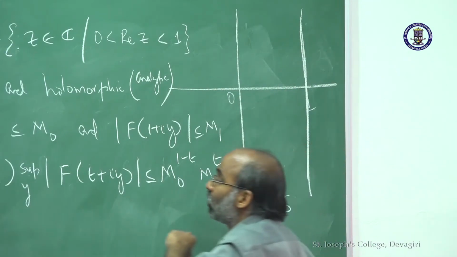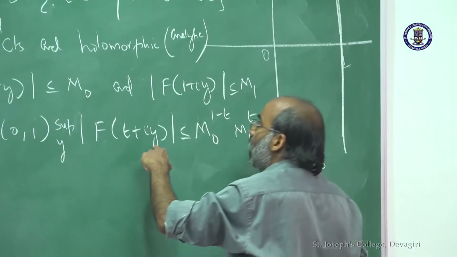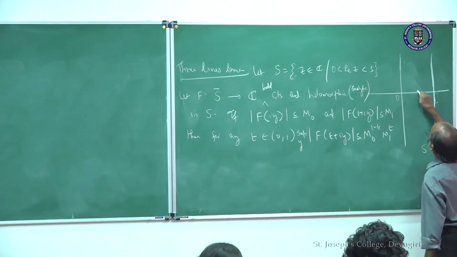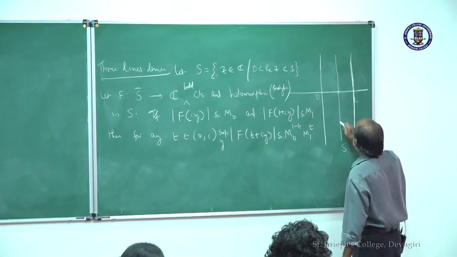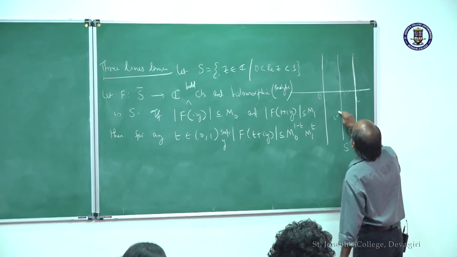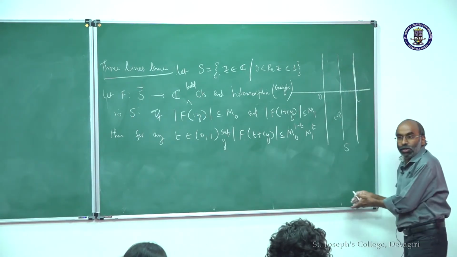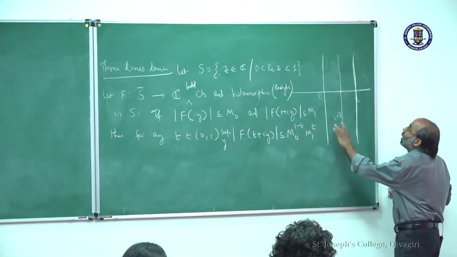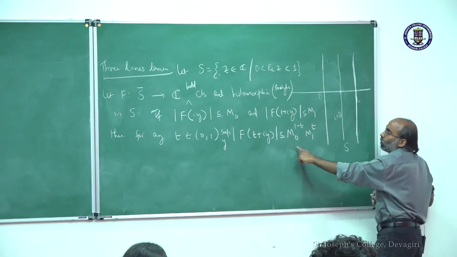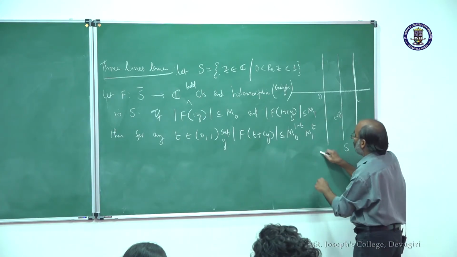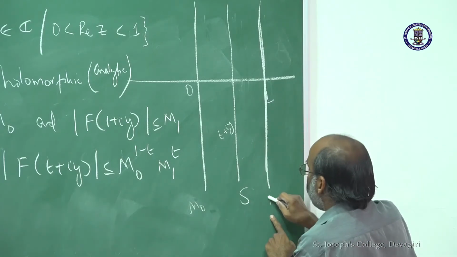Well, what is the function value inside? Look at f(t+iy). You take any t between 0 and 1 and look at the line here. This is my t+iy line, y going from minus infinity to plus infinity. Then it is bounded by whatever bounds you get here. The bound here is m0, and here it is m1.